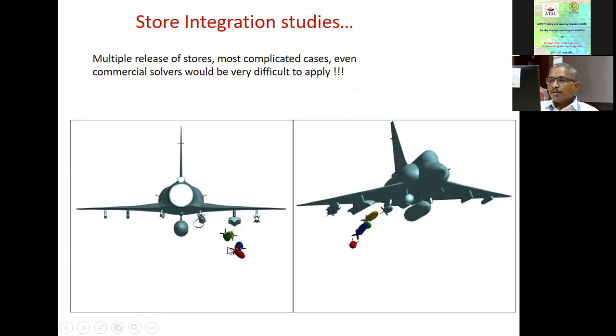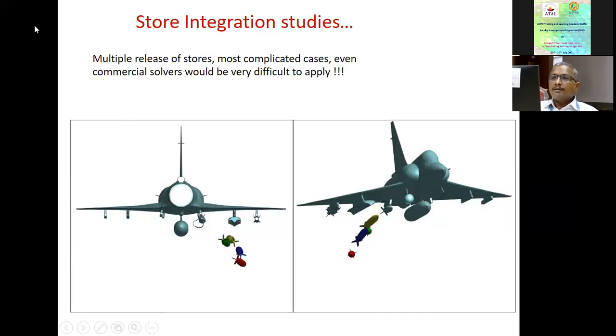With our mesh-free solver, we were able to solve the release of multiple bodies from the aircraft. For this kind of problem, if I remember, we used something close to 10 million nodes, sourced from different individual grids, equivalent to 50 million finite volumes. So we were able to apply this mesh-free code for this kind of problem where multiple release of stores was there, most complicated.